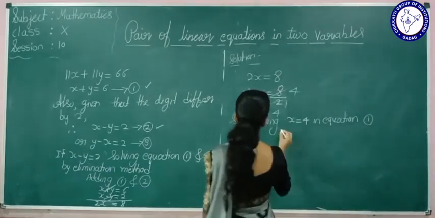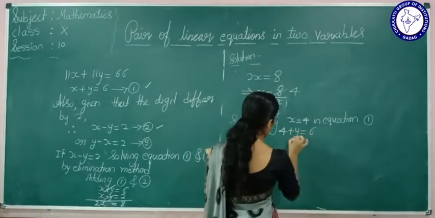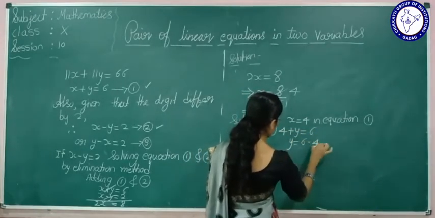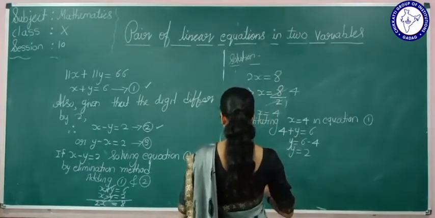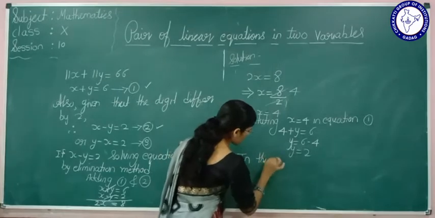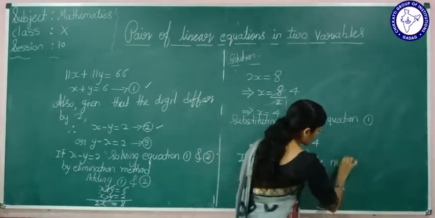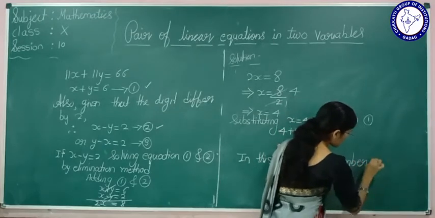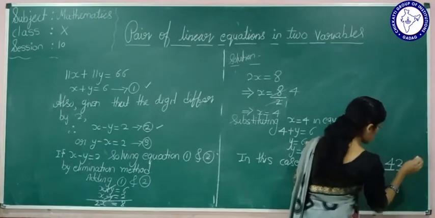What is that? 4 plus y is equal to 6. y is equal to 6 minus 4, which is nothing but y is equal to 2. See, in this case, what number did we get? In this case, the number is 42. x is 4, and 2 is y.